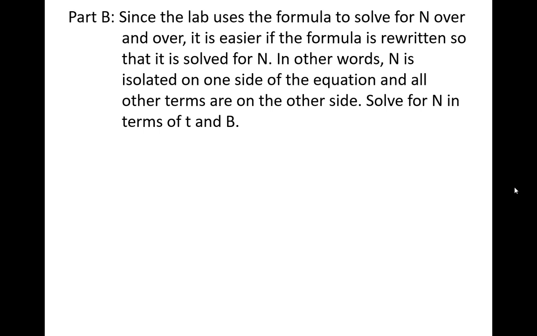Since the lab uses the formula to solve for n over and over, it's easier if the formula is rewritten so that it is solved for n. In other words, n is isolated on one side of the equation and all of the other terms are on the other. Solve for n in terms of t and b.